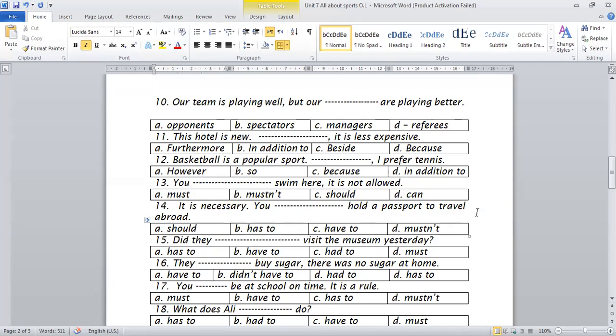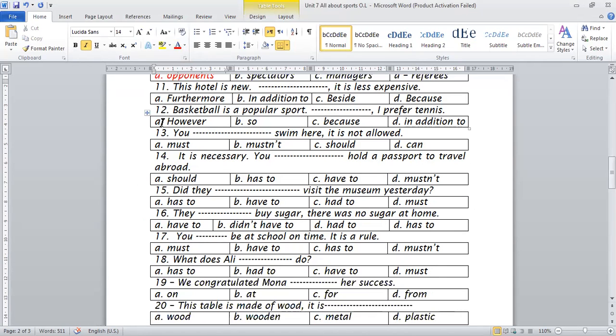So I'm a fan of this team, but who is playing against our team? Very good. Opponent. The opponent is the team who plays against our team. It's called opponent.